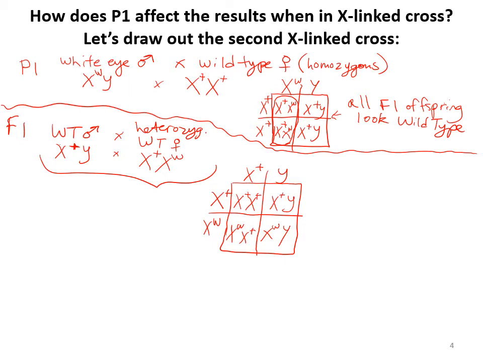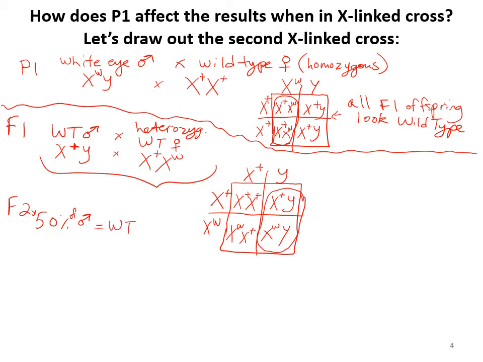And now what do you notice? Well, let's look at the males first like we did last time. So in our F2, what do you notice about the males? Well, 50% of the males look wild type, right?